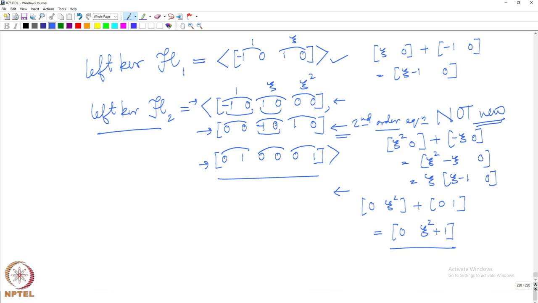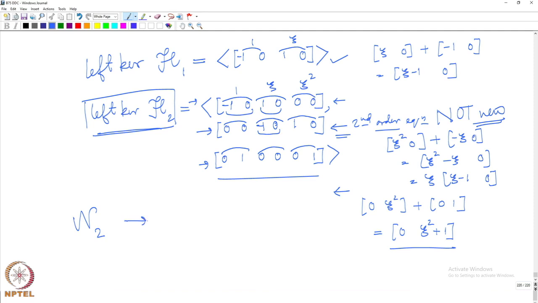So, what would be my equations then? This left kernel will give me the N2, and because this is the saturation point, I do not have to go beyond N2, and anything beyond N2 is actually a linear combination of things in N2.